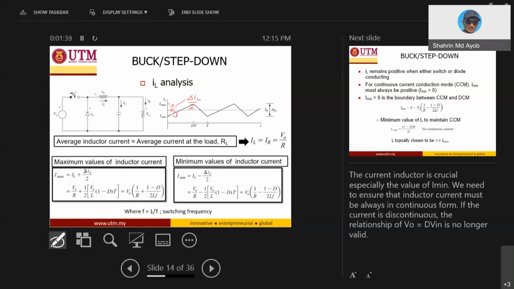From here to here is also delta IL over 2. This one at the center is your IL average.